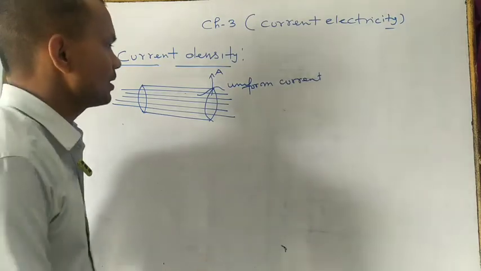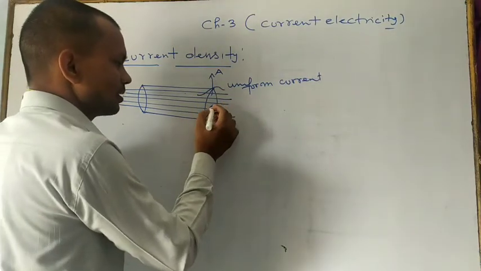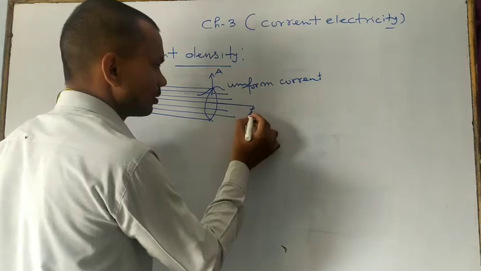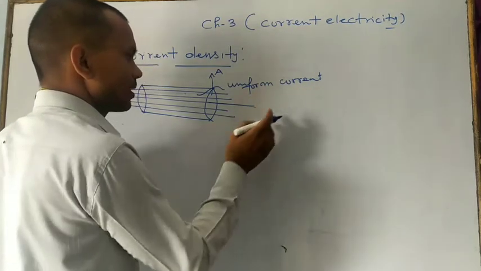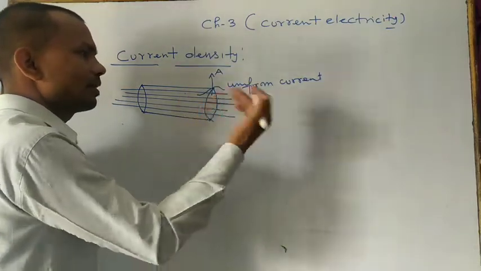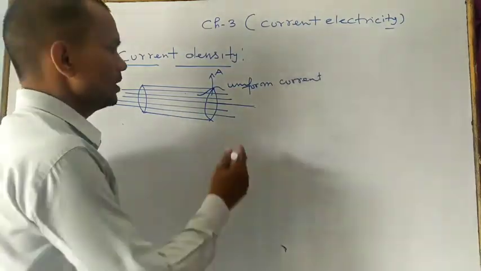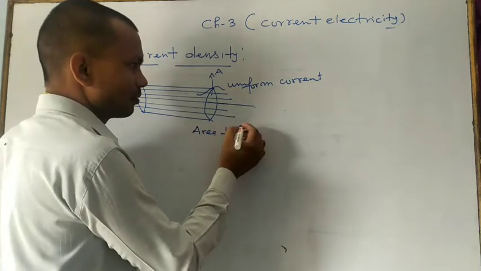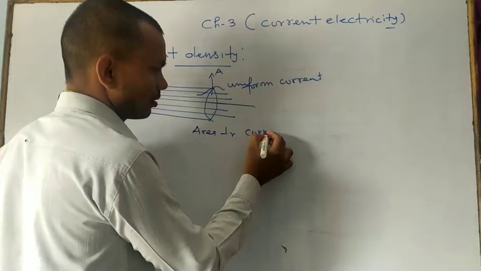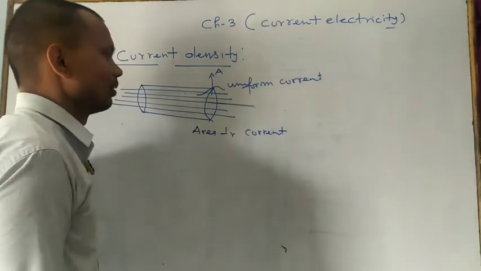And the second condition is, suppose this is the direction of flow of current, and this area is perpendicular to the current or flow of charges, right?